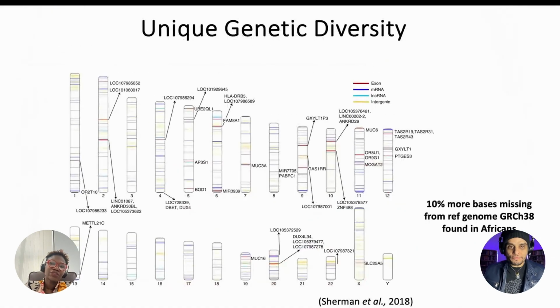Okay, so I can talk about how the genetic differences impact the difference in phenotypes. For instance, we talk about triple negative breast cancer. I think I mentioned it earlier, how even in Africa, in West Africa, you have a higher percentage of TNBC compared to East Africa.